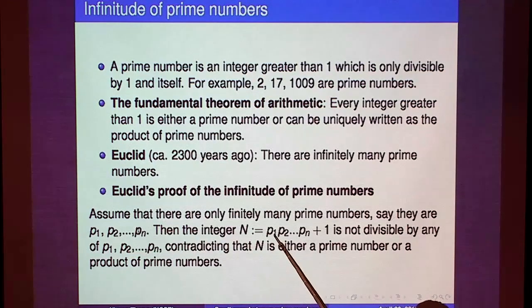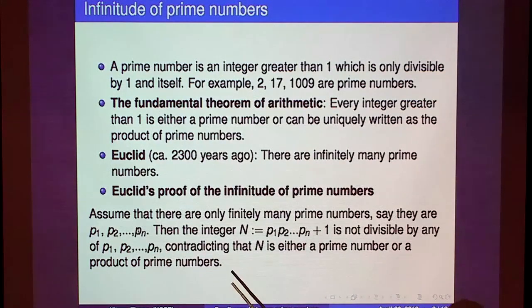Say P1 equals 2, then 2 times everything is an even number. An even number plus 1 is not divisible by 2. Then P2 is 3. The product is a multiple of 3, and a multiple of 3 plus 1 is not divisible by 3. So this number is not divisible by any prime number.